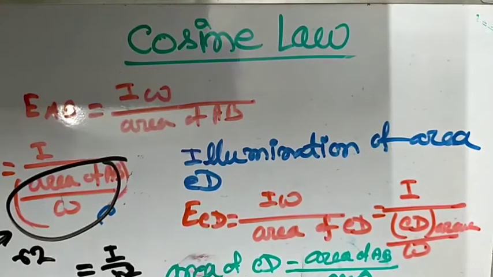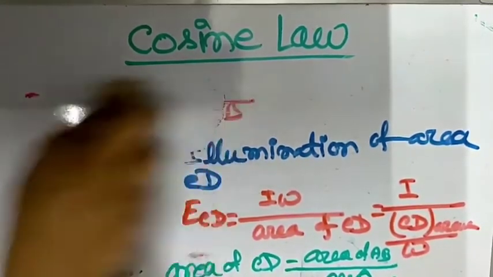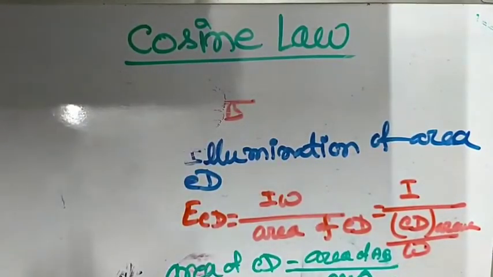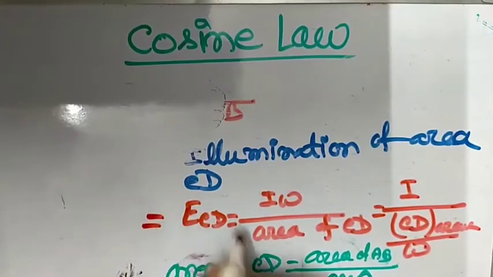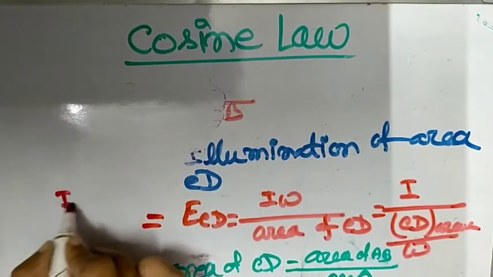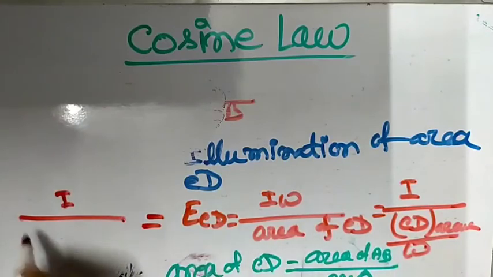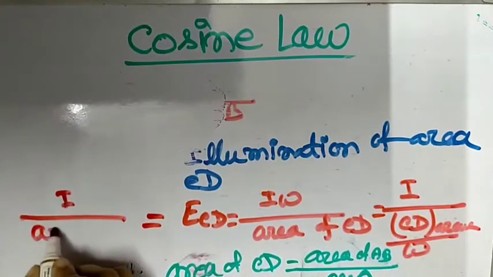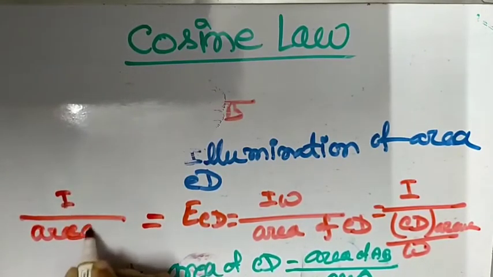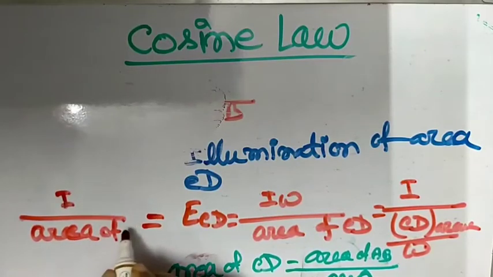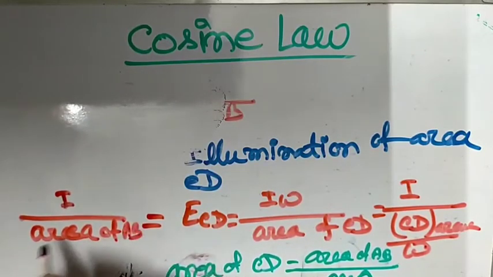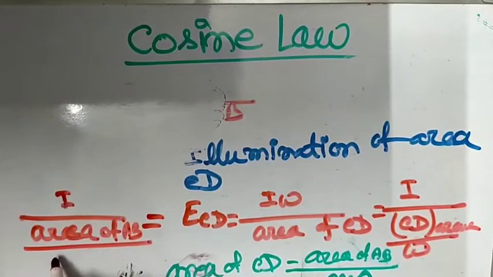Okay, now this is equal to, so we can write E_CD is equal to I by area of AB by cos theta into omega.